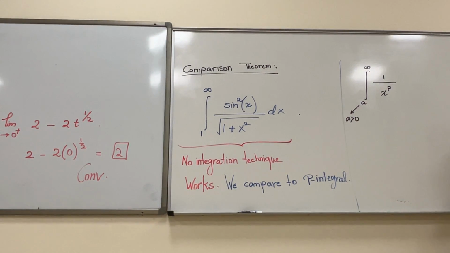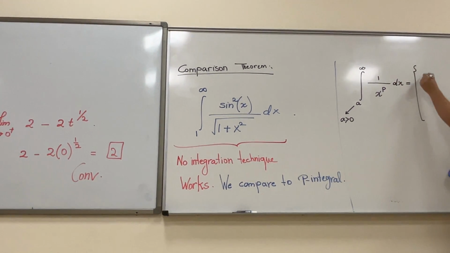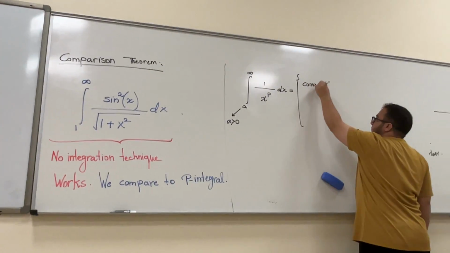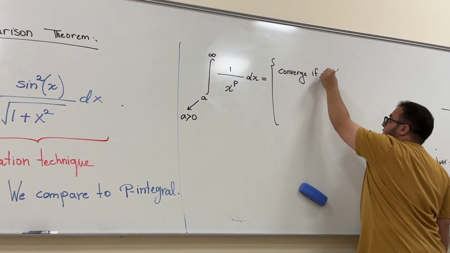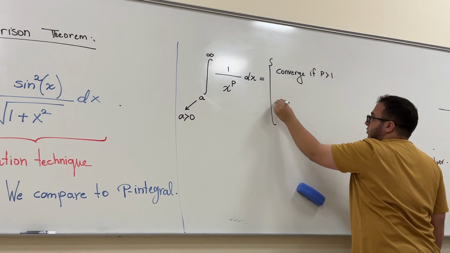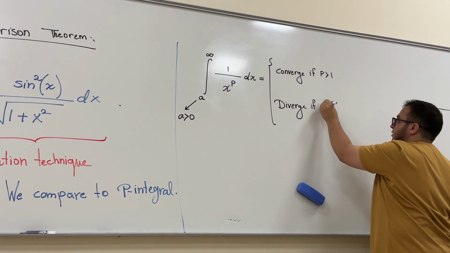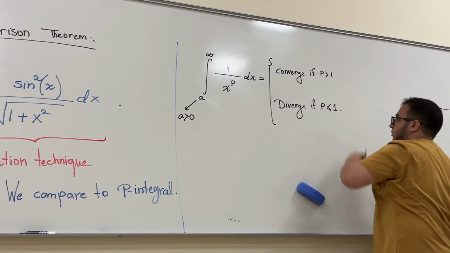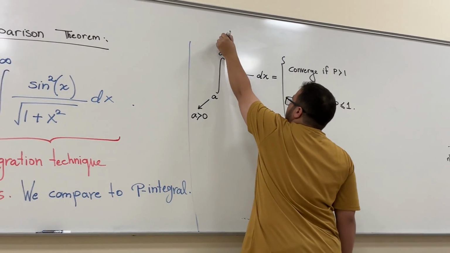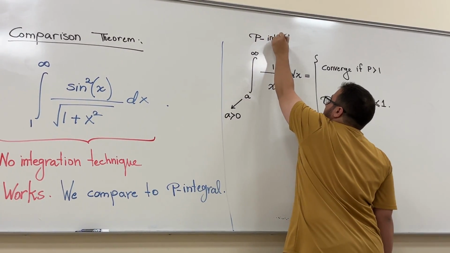Doesn't matter. So this has two answers. This will converge if p is larger than 1, and this will diverge if p is less than or equal to 1. So this is called the p integral.